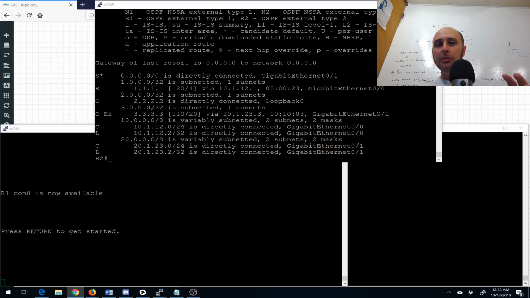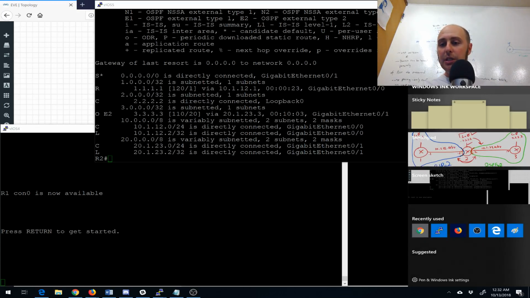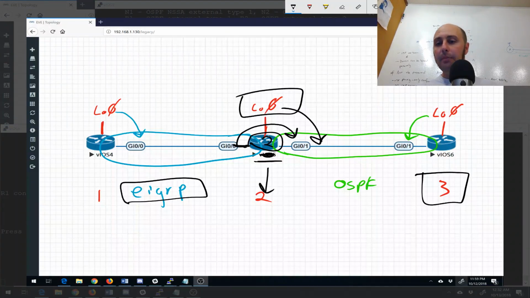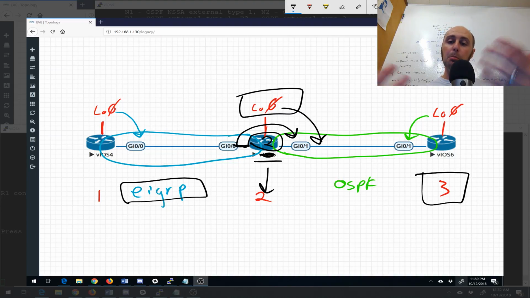So again, I want to be able to predict the behavior when I see this kind of topology, as well as a mutual redistribution between routing protocols across multiple points. I want to be able to predict the behavior with accuracy then as well.